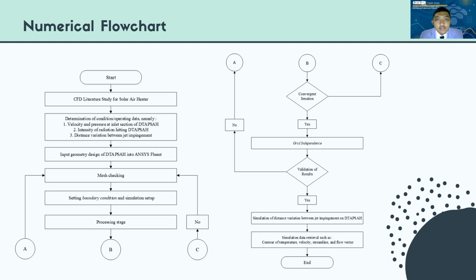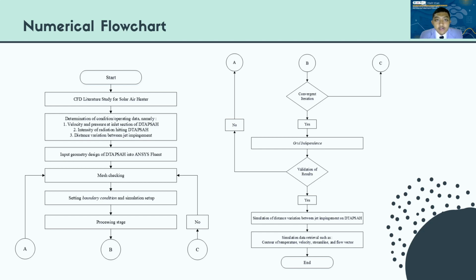After that, we input the data in processing stage, and we calculate, and if the iteration is convergent, we can continue to the next step. This is grid independence, and the function of grid independence is to find a better, fine quality mesh.